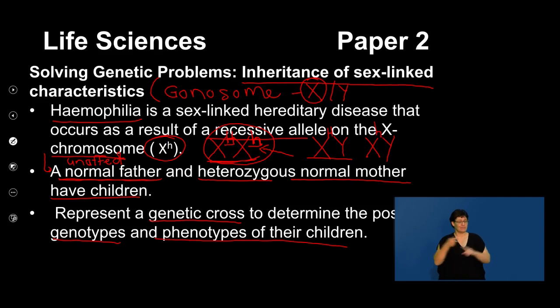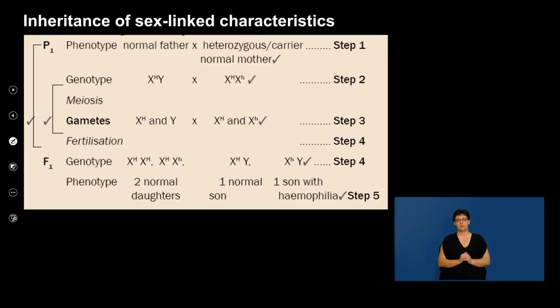So let's look at how this genetic diagram is laid out. As it is a genetic cross using sex-linked inheritance, we've got to indicate the genotypes and the phenotypes using the chromosomes X, Y, and XX, and that's just my reference point for now.